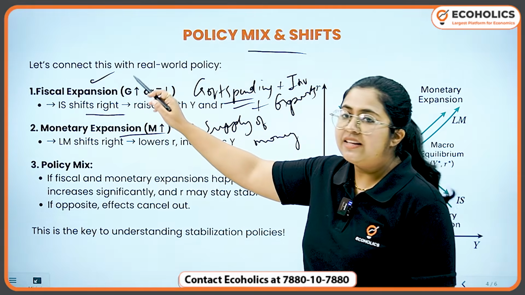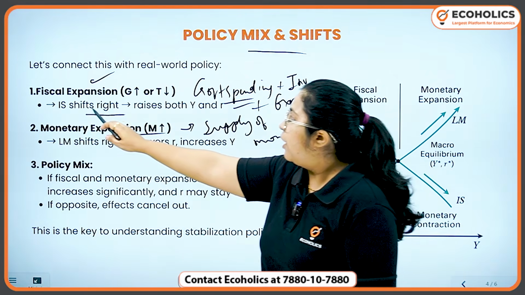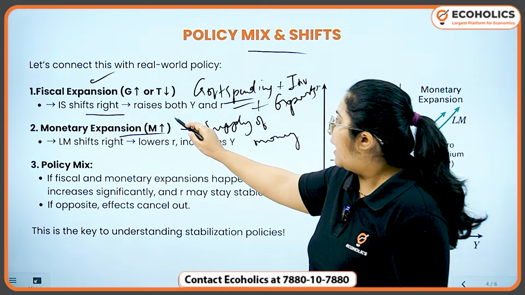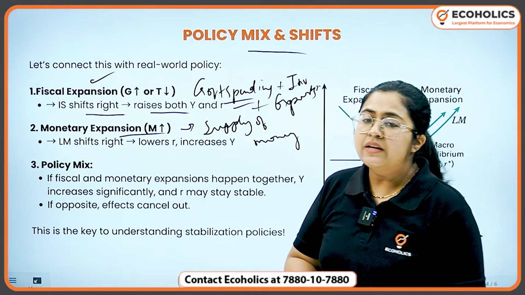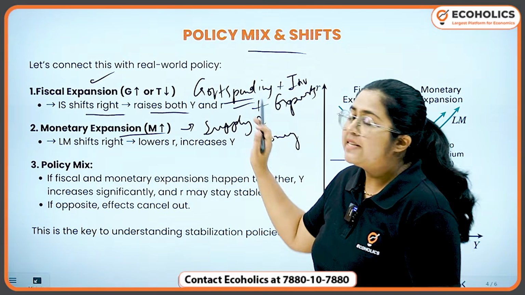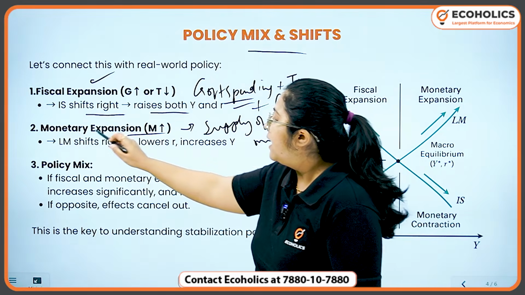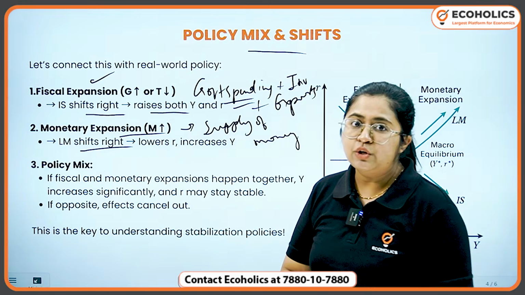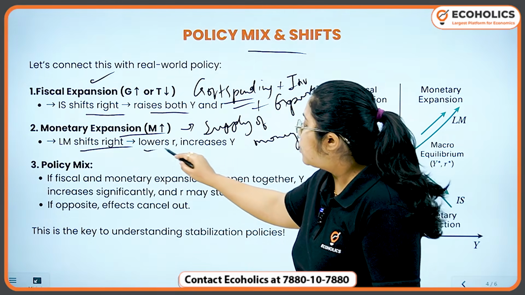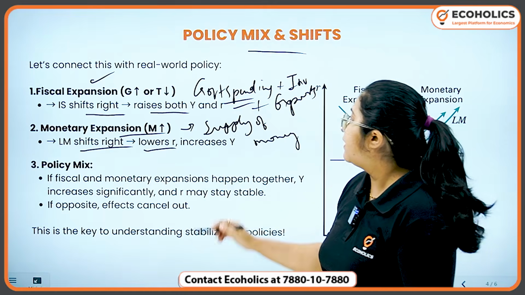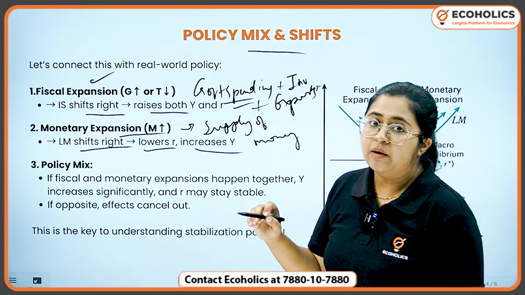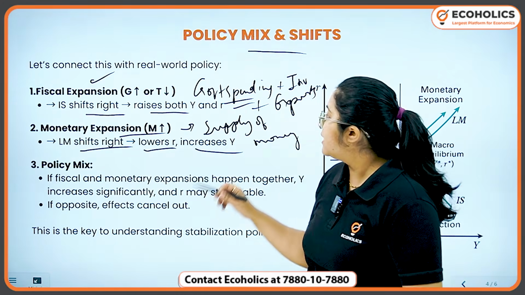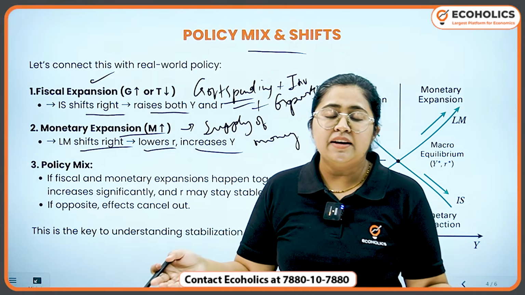Now what happens when there is fiscal expansion? Along with the IS curve shifting to the right, it is going to increase the rate of interest and income. While when we talk about monetary expansion, it talks about the LM curve shifting towards the right. It is going to lower the rate of interest and increase the income. Why is it lowering the rate of interest? Money supply has increased in the market, okay.